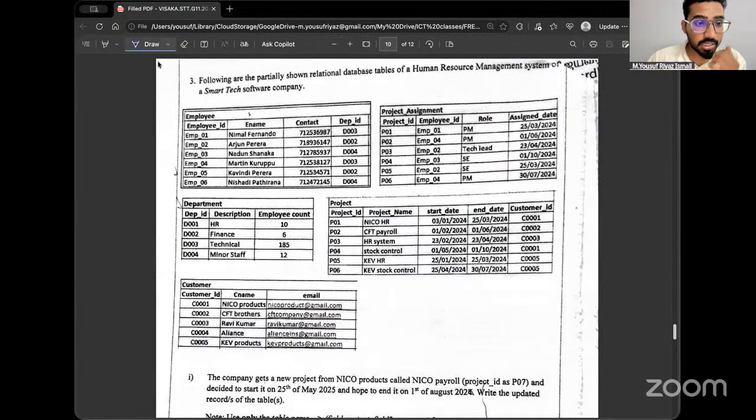Okay, so the question is mentioned here. The following are the tables of a human resource management system of a smart tech company.